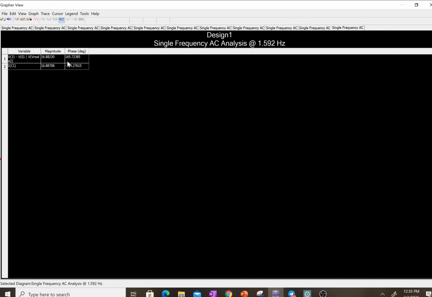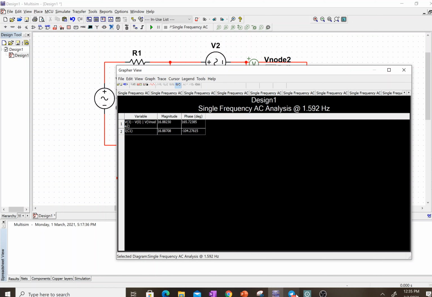So this is the current and this is the voltage. Since our capacitor is negative 1 j, the magnitude of both V and I should be the same. According to Ohm's law, V equals I multiplied by X. Since the value is the same, the only thing that differs is the angle.